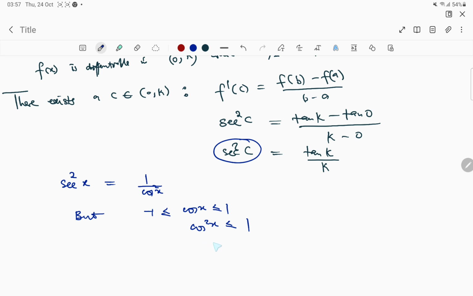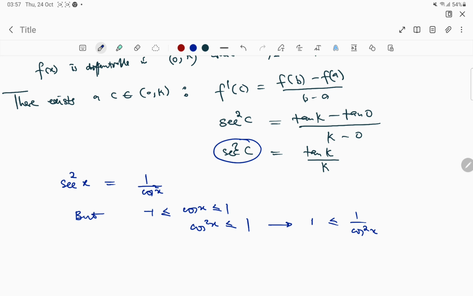So this means that if we divide both sides by cos squared, we get 1 is less than or equal to 1 over cos squared x. Right, that is what we get.